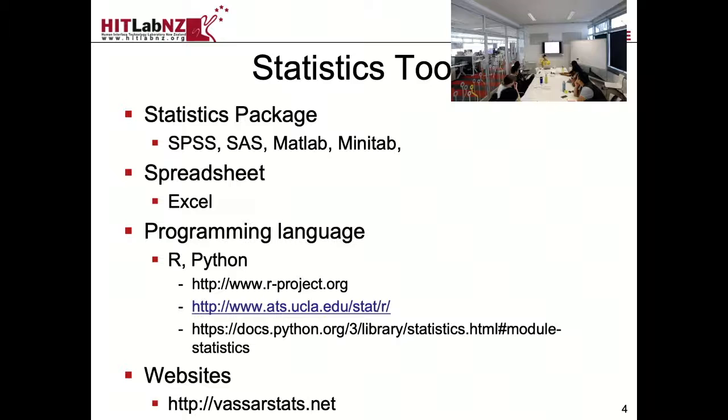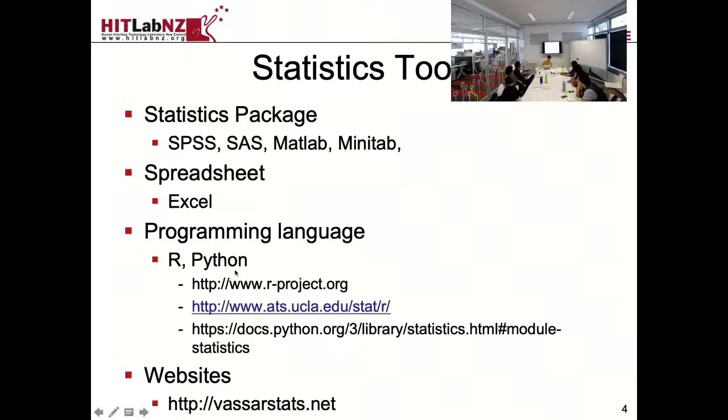There are some options for using this kind of statistics tool. There is software such as SPSS, SAS, MATLAB, or Minitab. These are off the shelf, so you can easily use them, but there is a cost, so you have to make some payment.